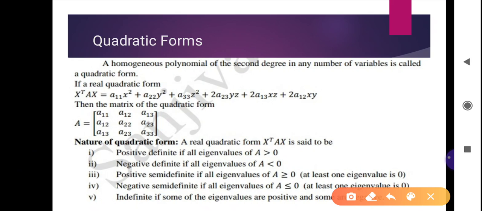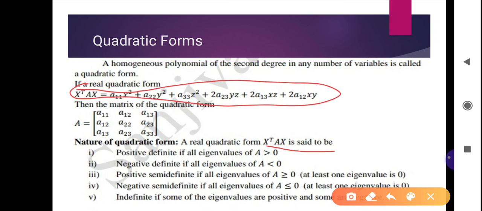A real quadratic form x transpose A x is said to be, first, positive definite if all the eigenvalues of matrix A are positive. If this equation is given, find out the matrix A and find the eigenvalues of this matrix by our regular procedure, using the formula lambda cube minus s1 lambda square plus s2 lambda minus determinant of A equals 0. If all eigenvalues are positive, then the given quadratic form is positive definite.